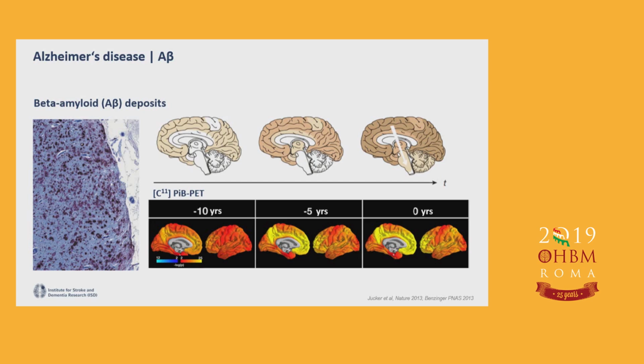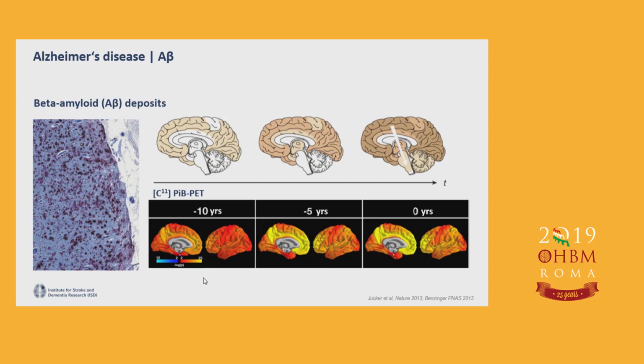And you see that amyloid emerges quite globally, most pronounced within the posterior medial parietal cortex, and then spreading only later to the medial temporal lobe.